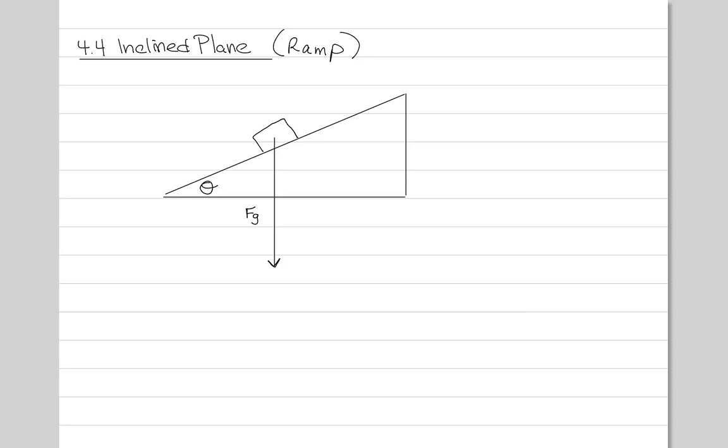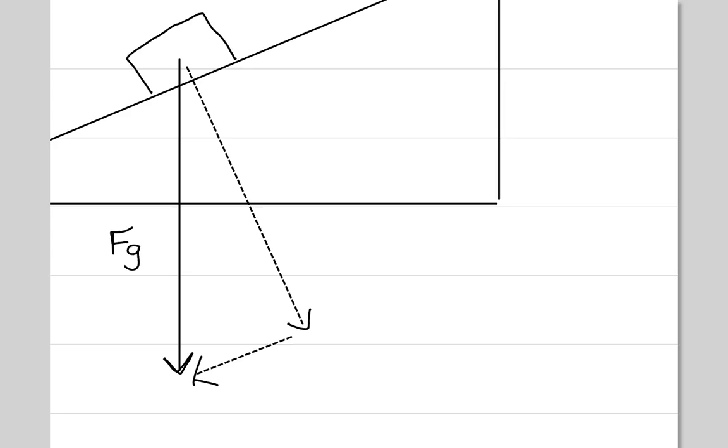So we're going to make a right-angled triangle, and we're going to break the force due to gravity into two components. One of them is going to be called force parallel, and one of them is going to be called force perpendicular. Now, which one of those do you suppose is going to be the force perpendicular? The longer one or the shorter one?